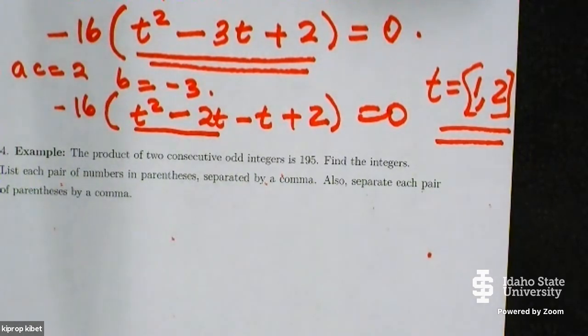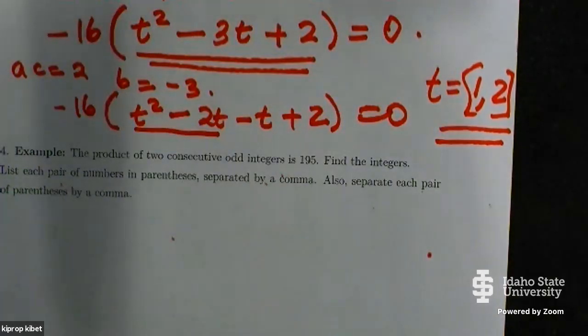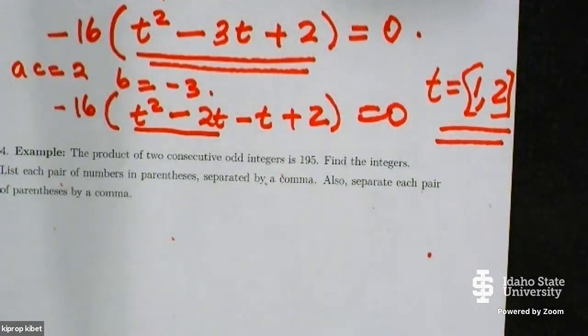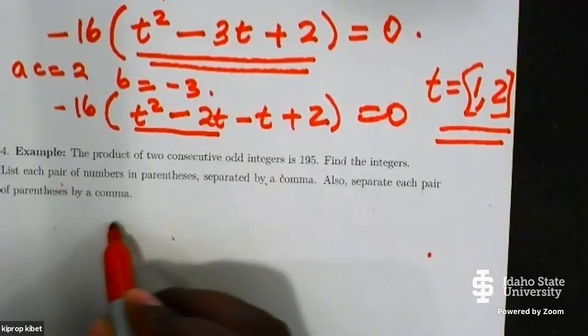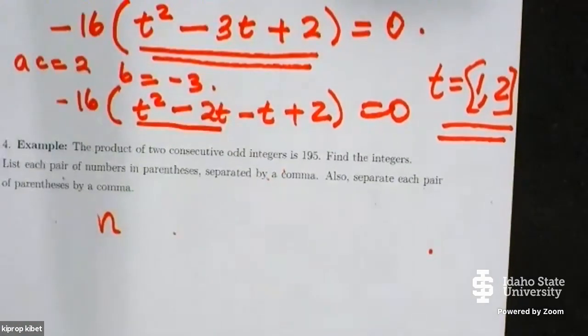So find the two consecutive numbers. What is the problem there? We're looking for two odd numbers, right? So you identify the problem. You can let the first odd number be n.